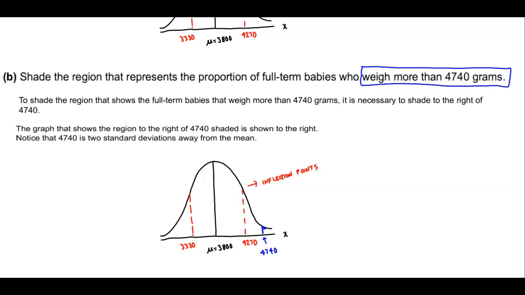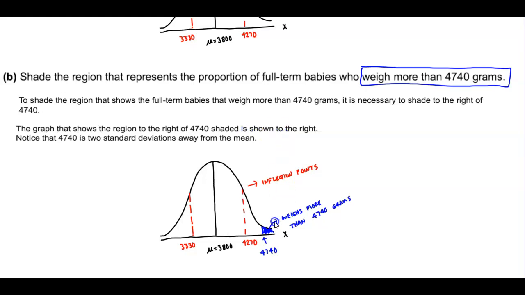That means we're going to shade everything to the right of that, because that represents everything that weighs more than 4,740 grams.